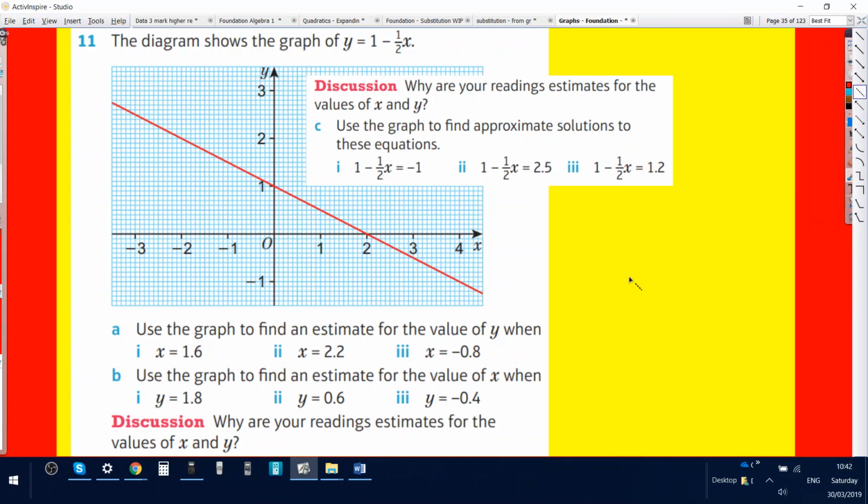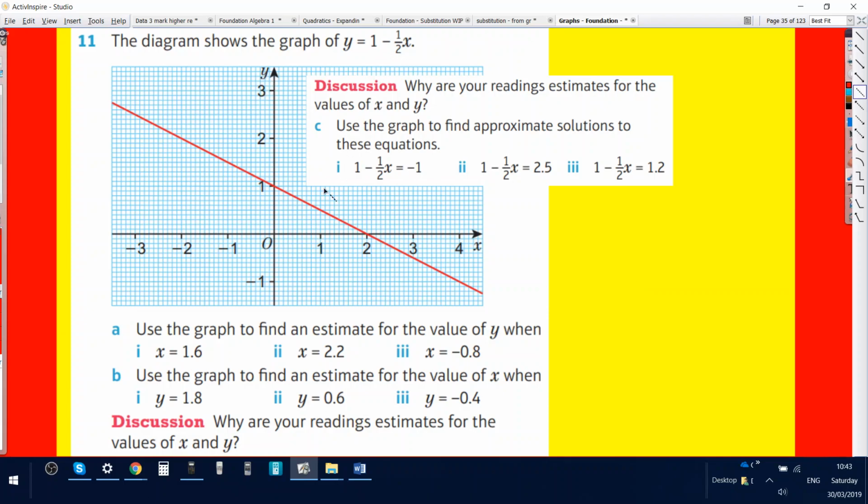They want to know when x is 1.6, what is y? So would you have to go to the graph and use the lines? So would it be 0.4? No, 0.2.